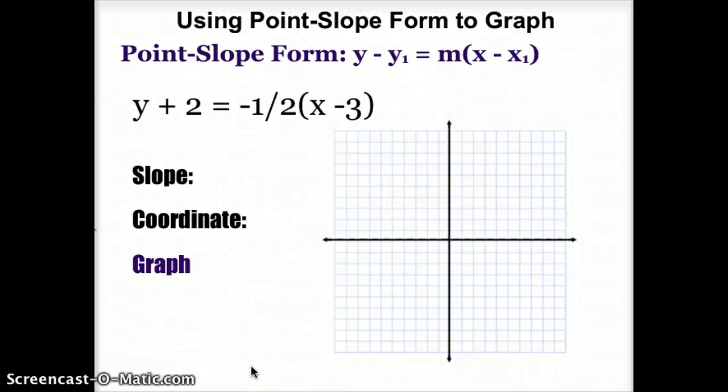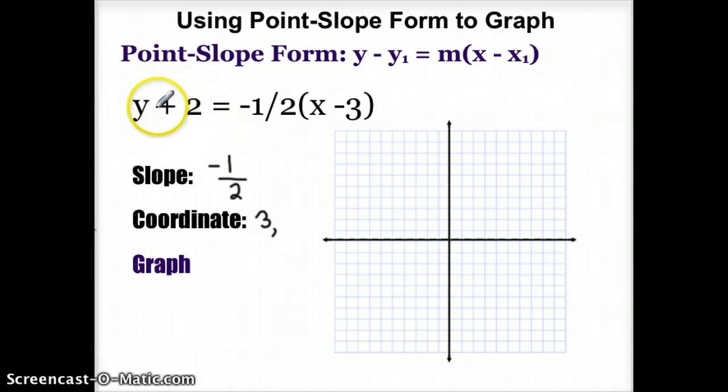Why don't you try this one? Pause the video here before checking your answer. So I know, once again, that the slope m, right outside the parentheses, in this case, is -1/2. That means I go down 1, to the right 2. My coordinate, x minus x1, so that's 3. y minus y1, but that says y plus 2.